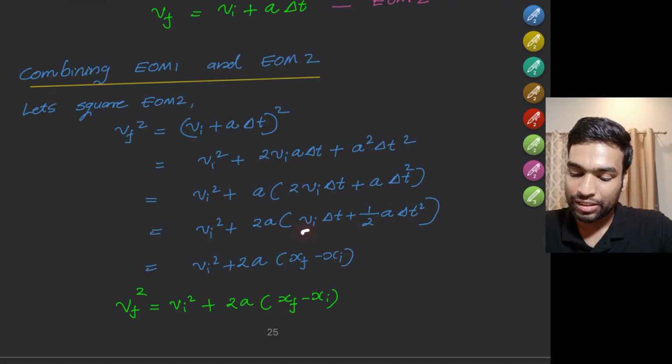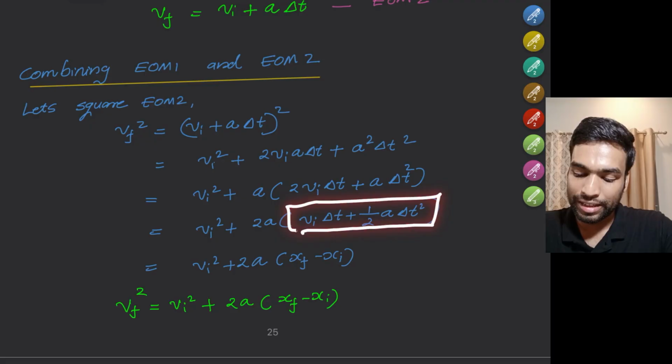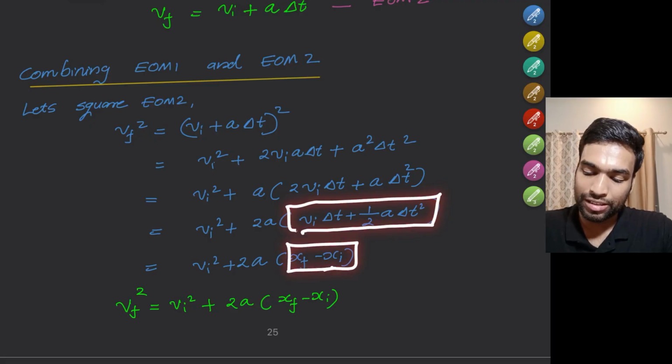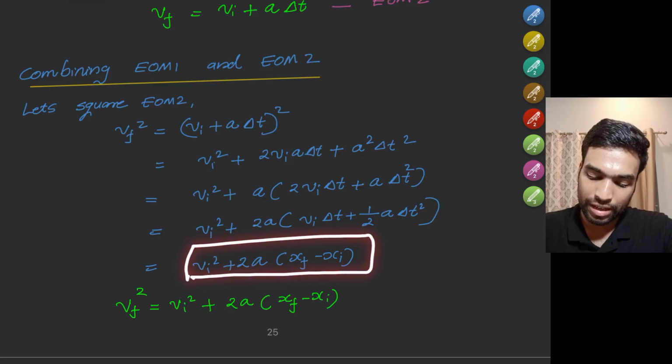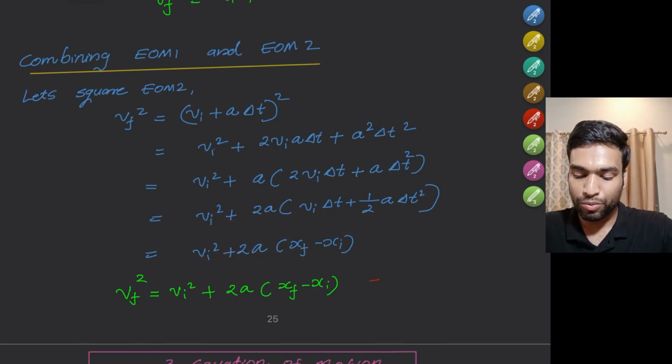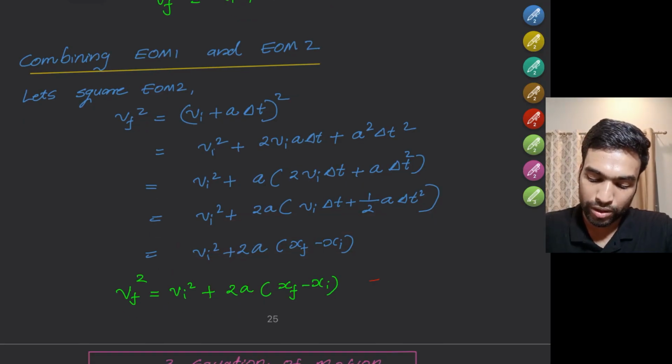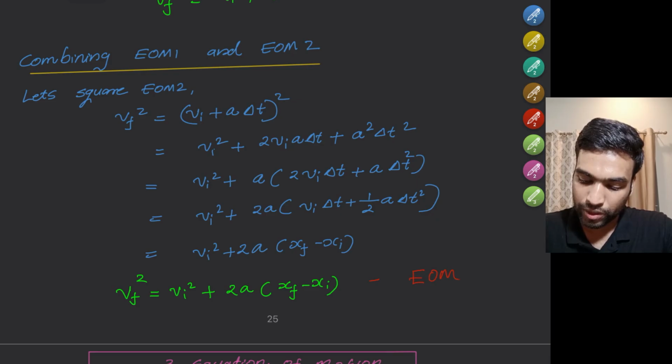That is just xf minus xi, right? Basically that is equation of motion 1, correct? Therefore, Vf square is equal to Vi square plus 2a into (xf minus xi). So finally we got the equation of motion 3, Vf square equal to Vi square plus 2a into (xf minus xi). So this is EOM3.